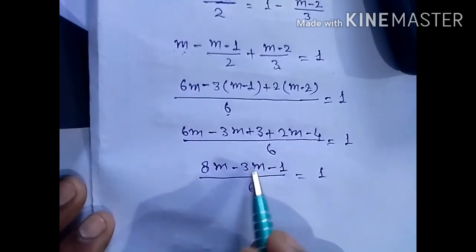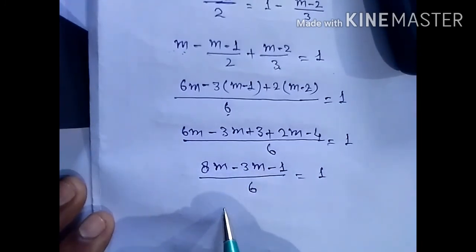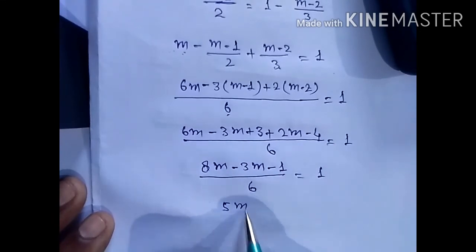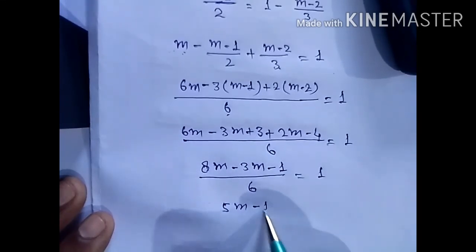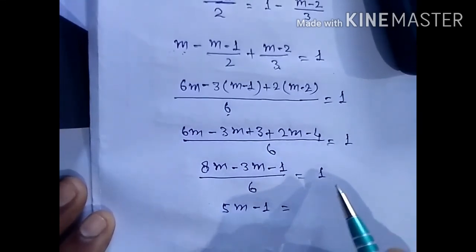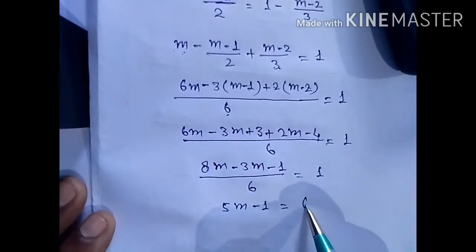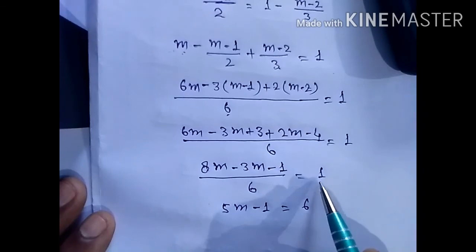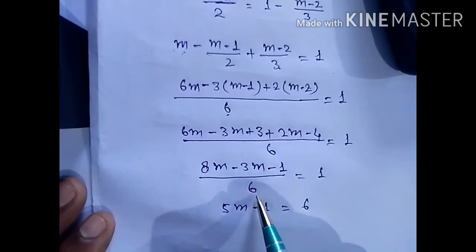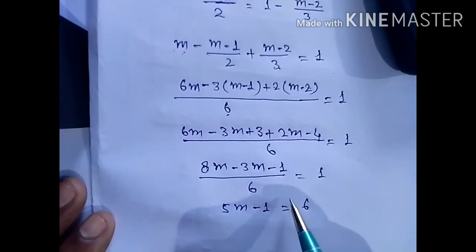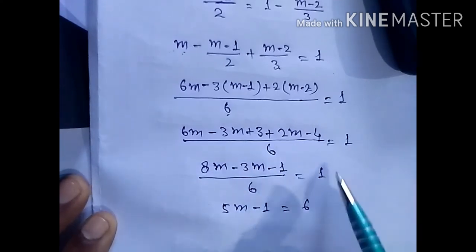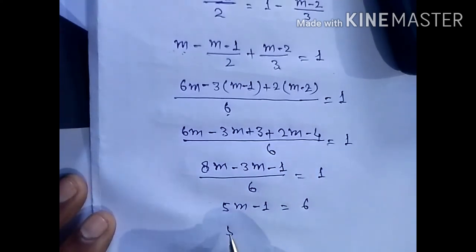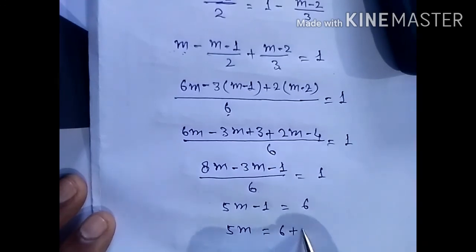It will be 8m minus 3m, 5m minus 1 is equal to, this one will be 6, student, because we multiplied this 6 with 1, because here it is divided by, after transposing it will be multiplied by, so 1 times 6 is 6. So 5m is equal to 6 plus 1.